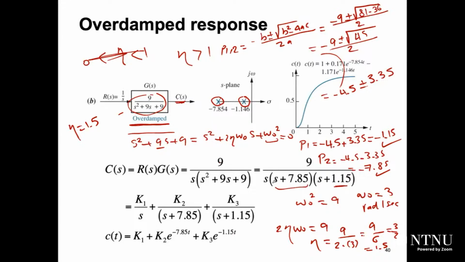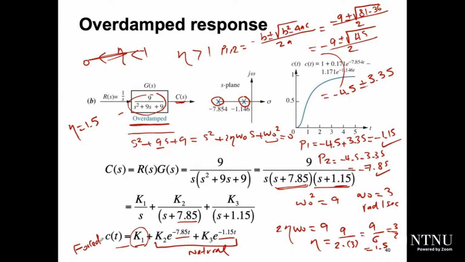Use partial fraction expansion: K1 divided by S plus K2 divided by the second pole plus K3 divided by the third pole. Applying the inverse Laplace transform gives K1 plus K2 exponential minus 7.85t plus K3 exponential minus 1.15t. By inspection, we don't care about the values of K1 and K2. The exponential parts are the natural or unforced component, and you can see the exponent is negative, so they will decay. K1 is the forced component.